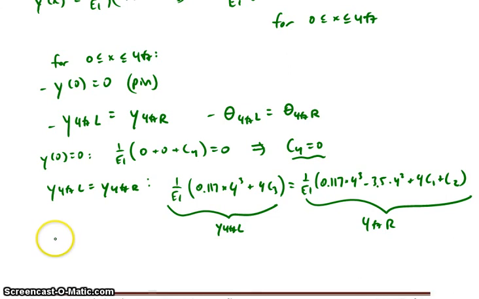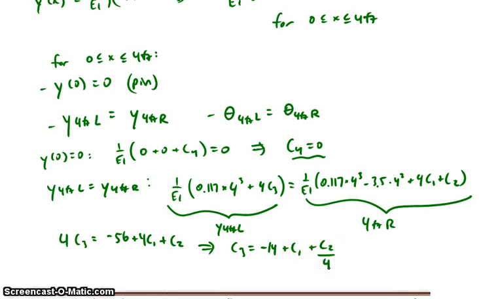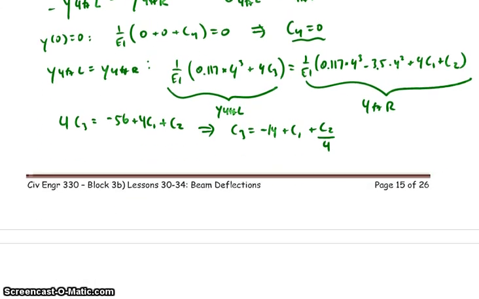So we can simplify this equation to get 4c3 is equal to negative 56 plus 4c1 plus c2, and that gives us c3 is equal to negative 14 plus c1 plus c2 over 4. And again, that's as reduced as we can get this one equation. From here we need to go on to another continuity condition, which I'll slide on down to the top of the next page.